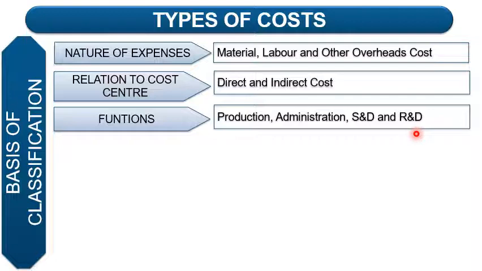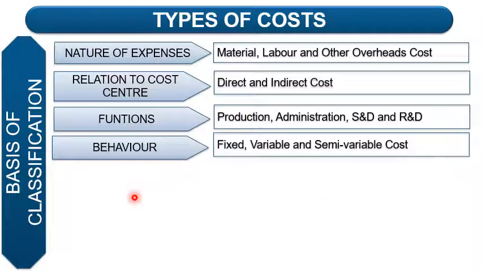Research and development takes place for further improvement in the product or for launching a new product. So whatever expenses are incurred for the research team or the research project or implementation of the research project come under the heading of research and development cost.